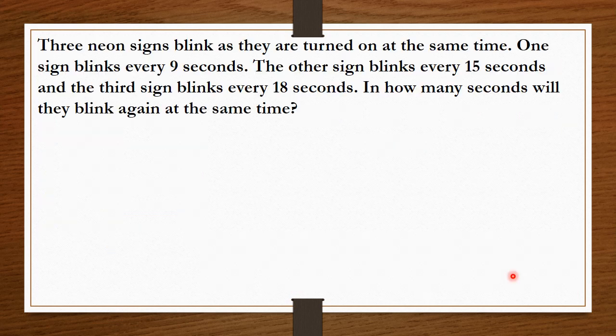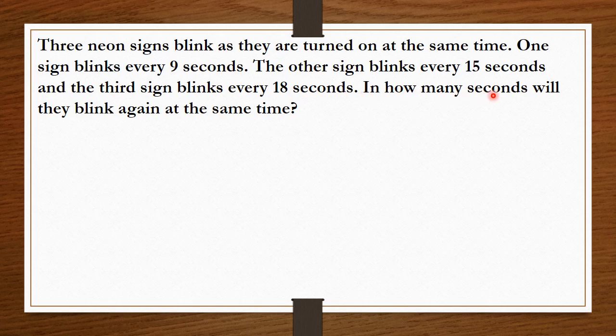Next example. 3 neon signs blink as they are turned on at the same time. One sign blinks every 9 seconds. The other sign blinks every 15 seconds. And the third sign blinks every 18 seconds.